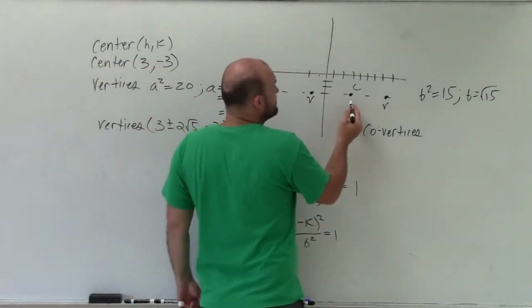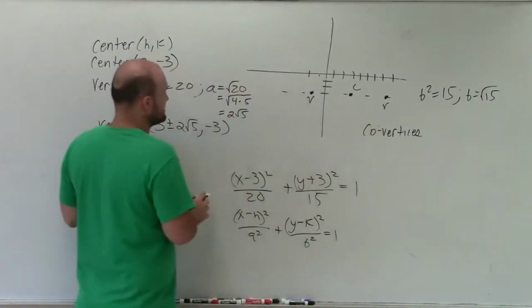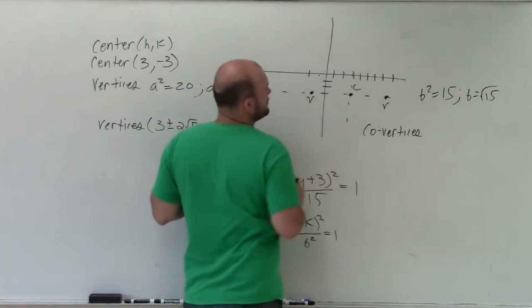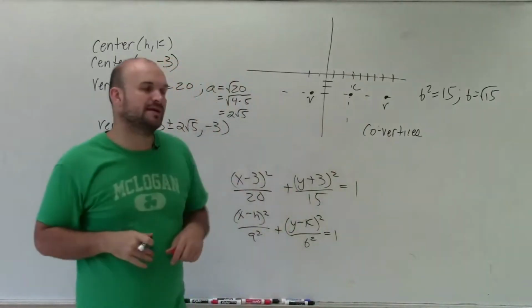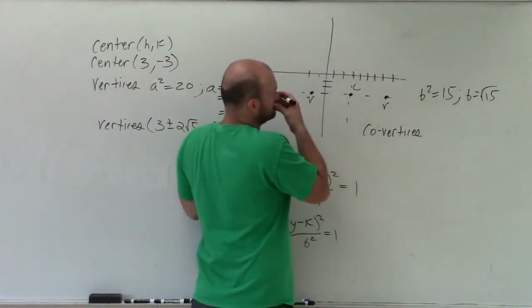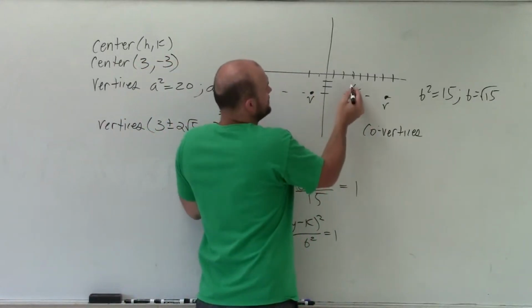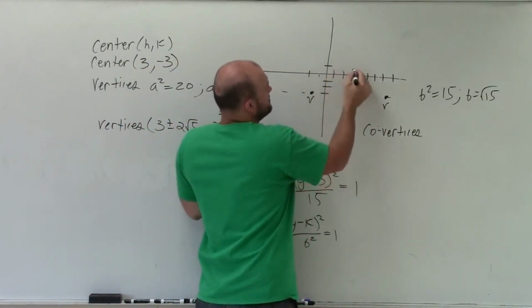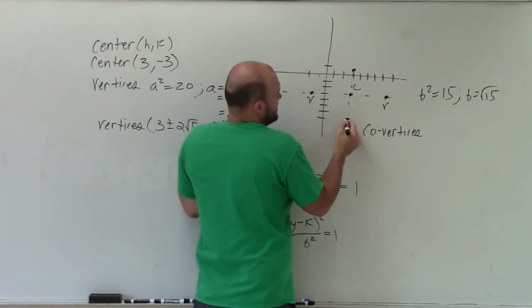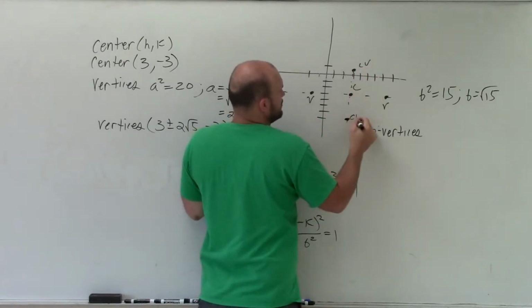That's going to be on the minor axis, because b represents the distance to the covertices, which is perpendicular to my major axis. So I'm going to go between 3 and 4. Up 1, 2, 3, 4, so some decimal there, and down 3 and a decimal. 1, 2, 3, 4, so down somewhere in between. So that's a covertex, covertex.